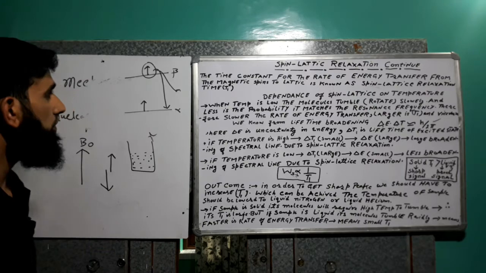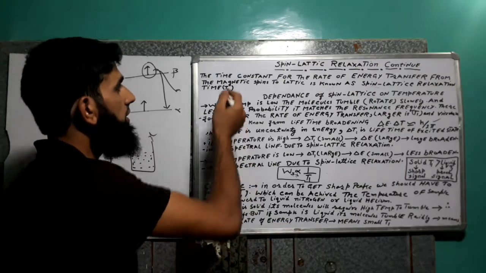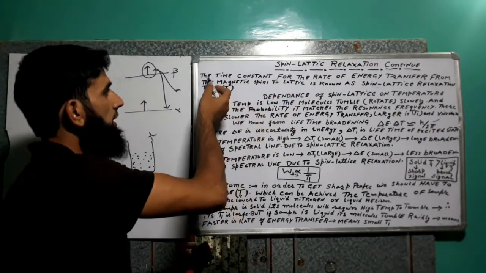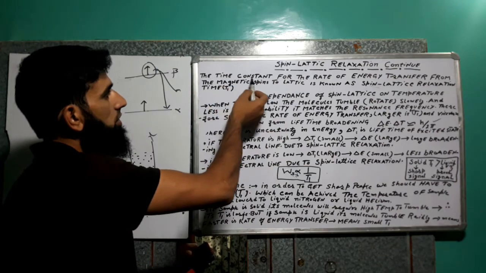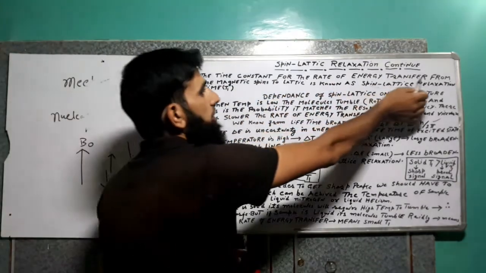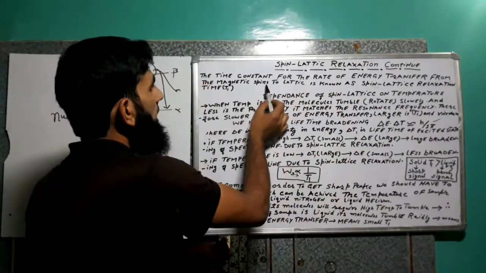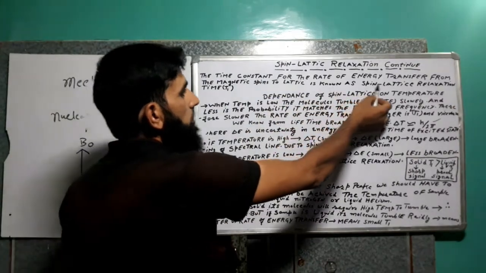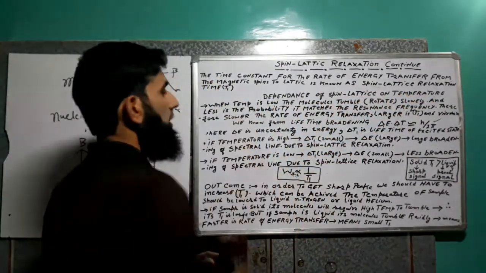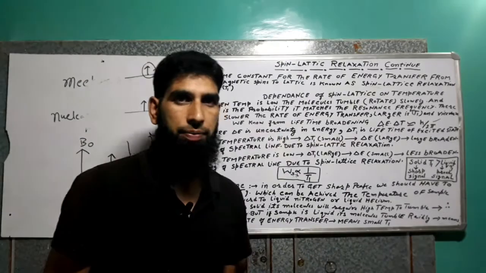I have written this line: the time constant for the rate of energy transfer from the magnetic spin to the lattice is known as spin lattice relaxation time. Okay, getting it?